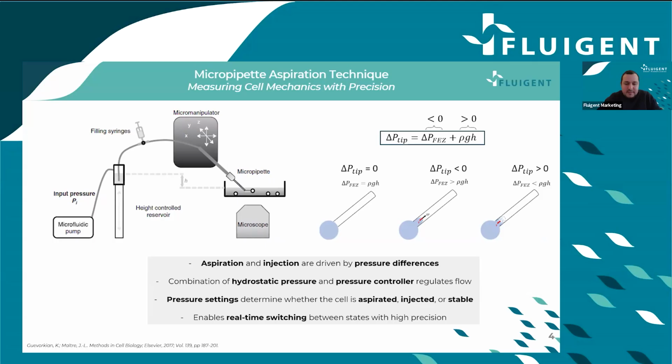As you can see in the schematics on the right, the pressure difference between the inside and the outside of the pipette can determine the cell state. For example, if it is stable, delta P is 0, you will have the baseline. If it is aspirated, that will be a negative pressure, and a push out if it is a positive pressure. Accurate control of this difference ensures quantitative, reproducible experiments using these techniques.